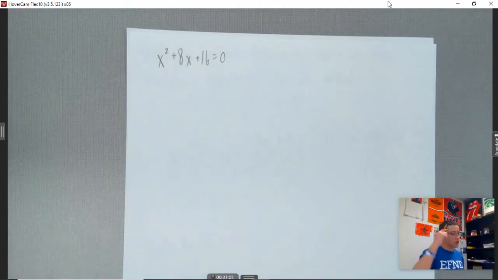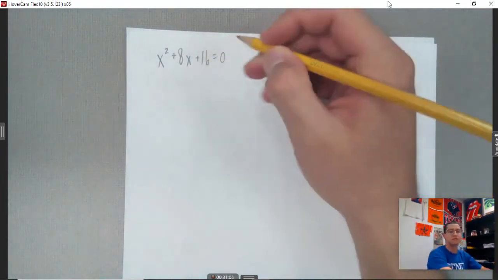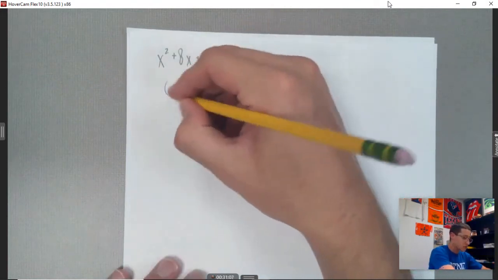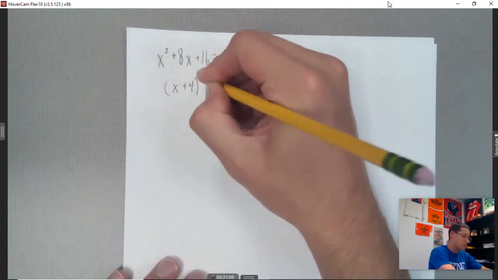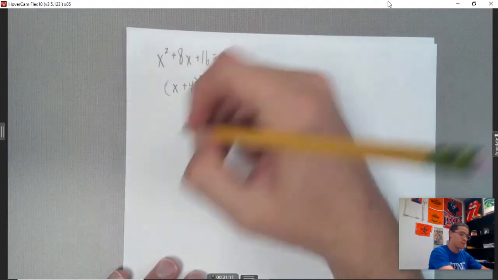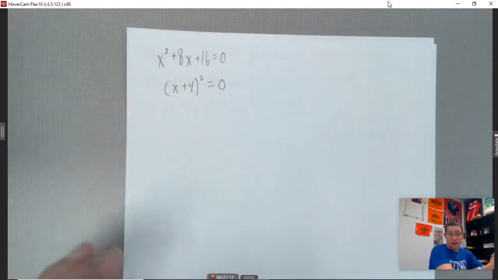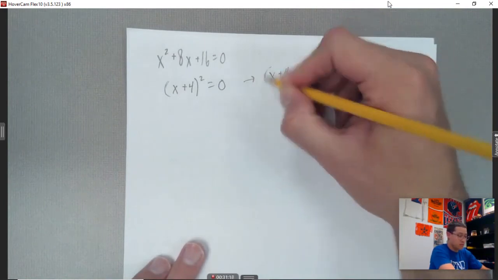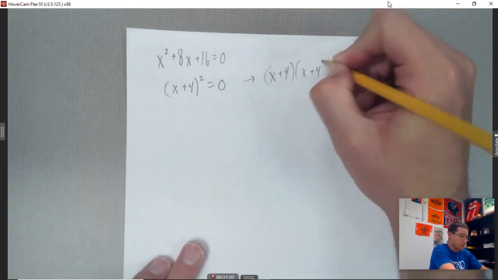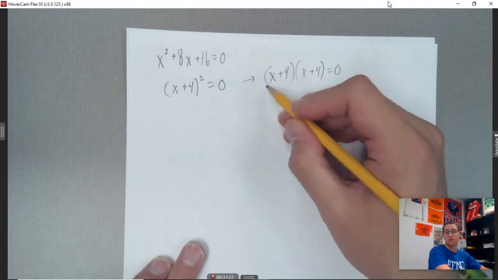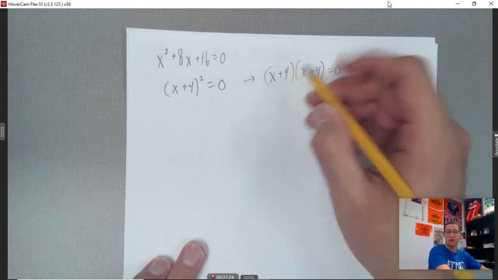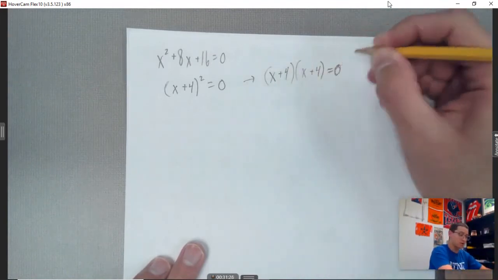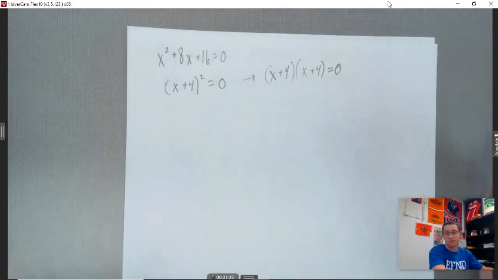So I notice that this is a perfect square trinomial because I see that the square root of 16 is 4, and that 4 plus 4 is 8, so I can go ahead and just say, boom, that right there. If that's not the case, you could have also said x plus 4 times x plus 4. Maybe you did that process with the two parentheses, and you worked your way there and noticed that, oh, look at that, it ends up being the same.